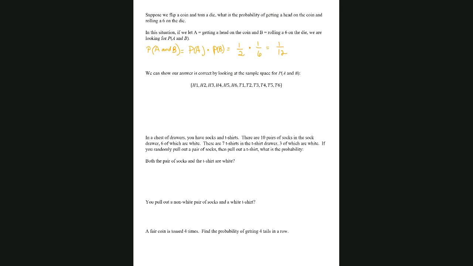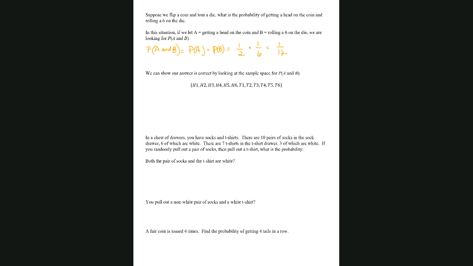So how do we know this formula works? Well, let's look at this in a different way. Let's look at the probability of A and B using the sample space. So if I want to get heads on a coin and 6 on a die, the sample space for tossing a coin and rolling a die is that I can get heads and 1, 2, 3, 4, 5, and 6, or I can get tails and 1, 2, 3, 4, 5, and 6.